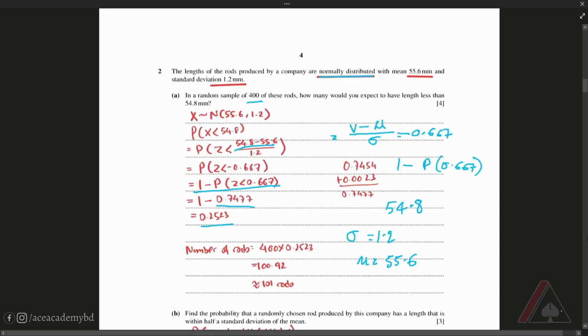Now, out of the total given in the question here, which is 400, a 0.2523 fraction of them would be less than 54.8. So we multiply 400 with our probability and we get 100.92. Now, since the number of rods cannot be a decimal, we round it off to 101 rods.